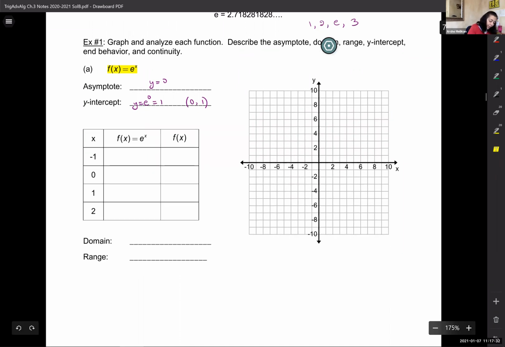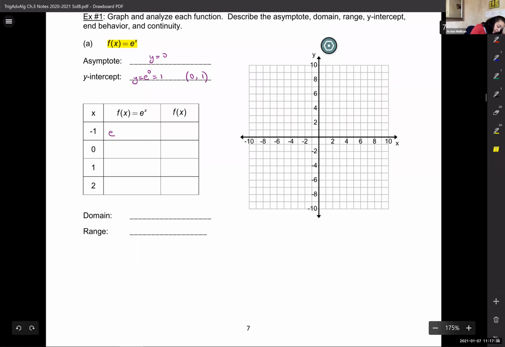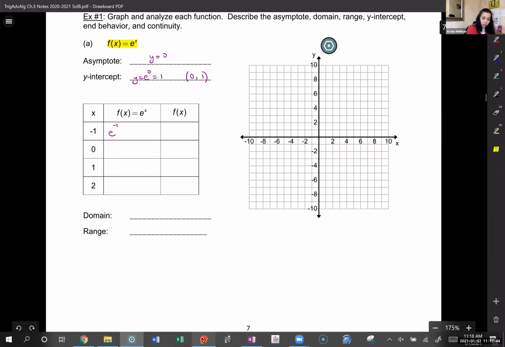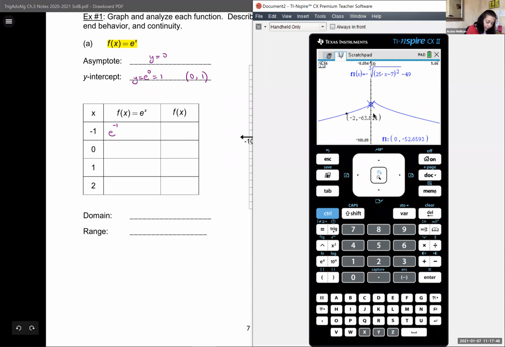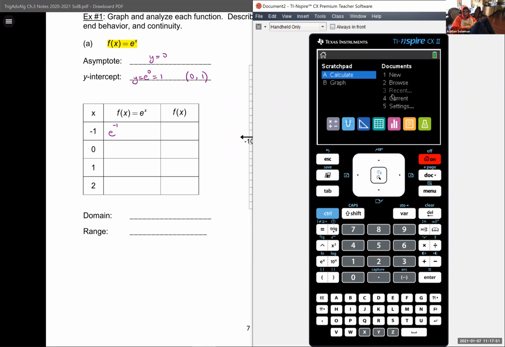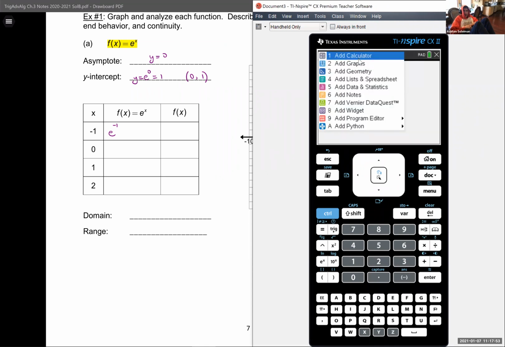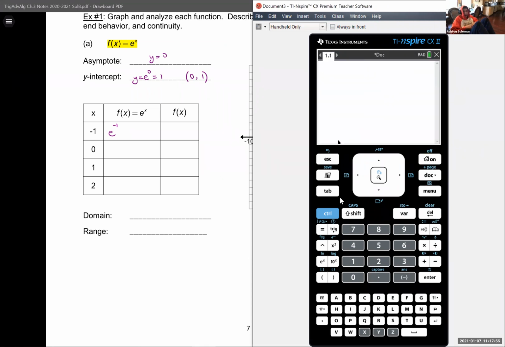Let's do some of these here. So we have e to the minus 1. For these, we're not going to do them by hand. You're going to plug every single one of them into your calculator. So let's go ahead and do that. E is this button here, to the far left of the 1.